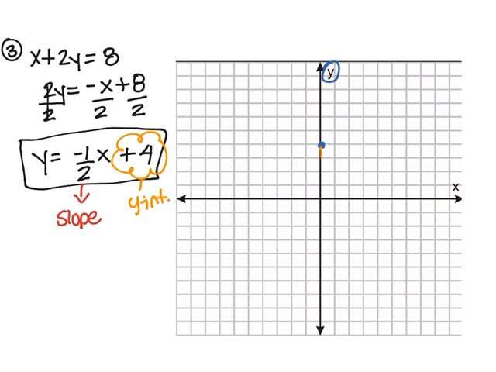But since I went down, I must still go to the right. So that's kind of the reason why I always say I run right, so I won't confuse students. But I take care of the negative by going down one, okay? I went down, I go to the right 2. Go down 1, right 2.